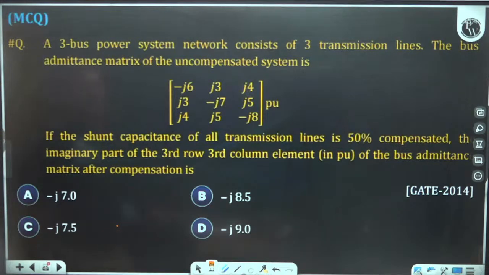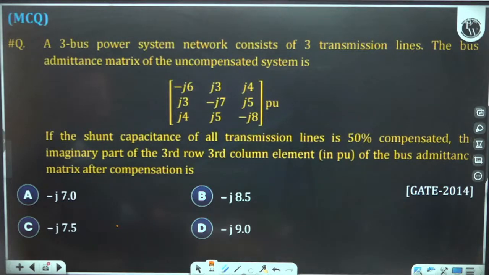A 3-bus power system network consists of 3 transmission lines. The bus admittance matrix of the uncompensated line is given here. If the shunt capacitance of all transmission lines is 50% compensated, means its value is reduced to 50%, then the imaginary part of the third row and third column element of the bus admittance matrix after compensation will be.